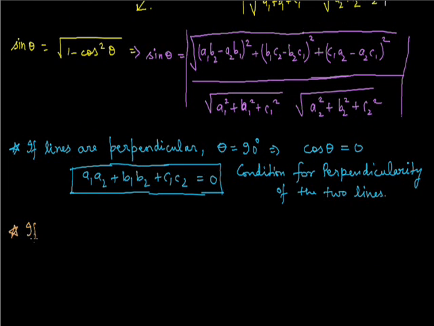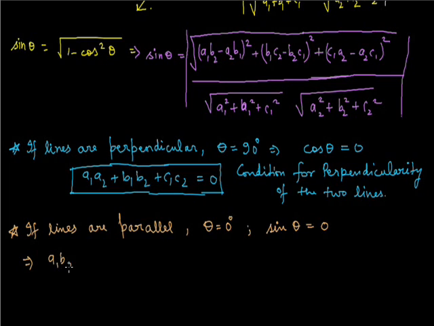Similarly, if we are given that the lines are parallel, in that scenario theta will be equal to 0 degrees, or we can say that sine of theta will be equal to 0. From here we know that sine theta is equal to this quantity. So when we put sine theta equal to 0, its numerator part will become 0, and in that scenario we will get a1 b2 equals a2 b1, b1 c2 equals b2 c1, and c1 a2 equals a2 c1.